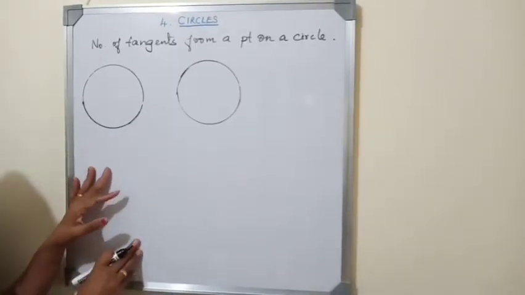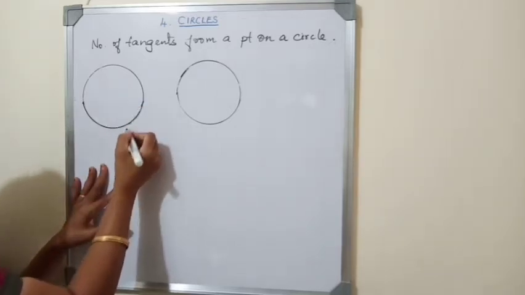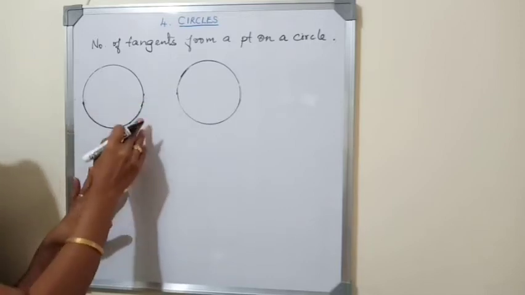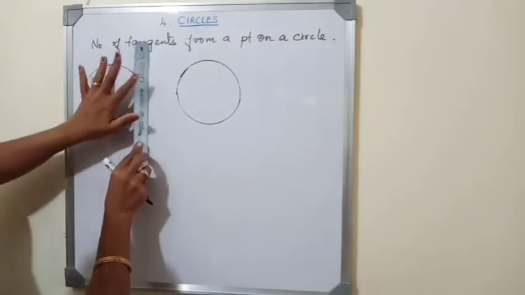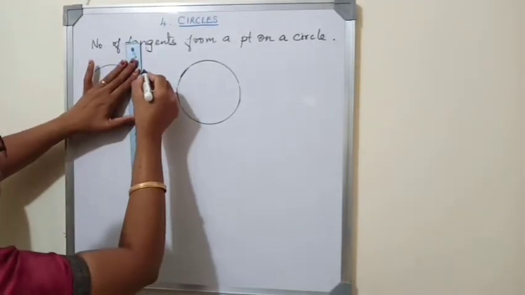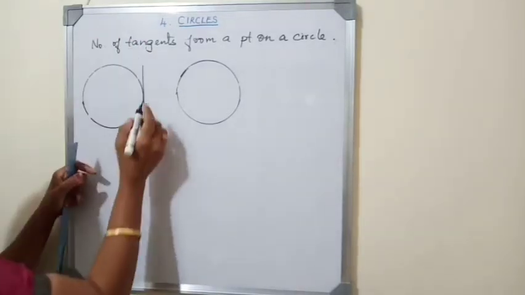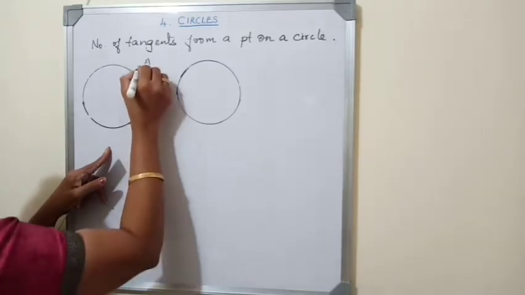As I told you, how many tangents can you draw from a point on a circle? If you mark a point here, how many tangents can we draw here? Only one tangent. So at a point on a circle, we can draw only one tangent. So P is the point of contact, AB is the tangent.